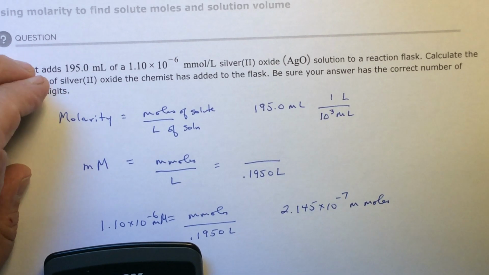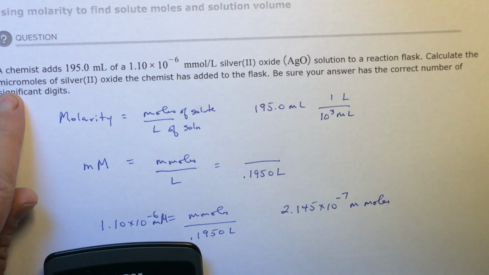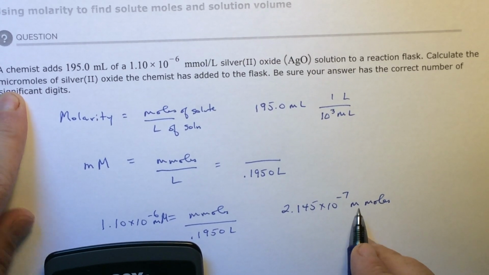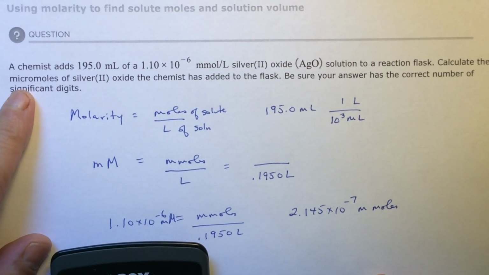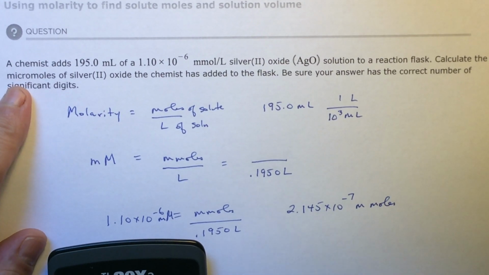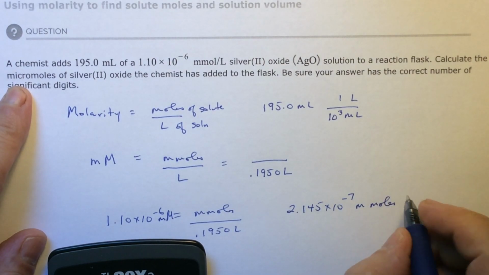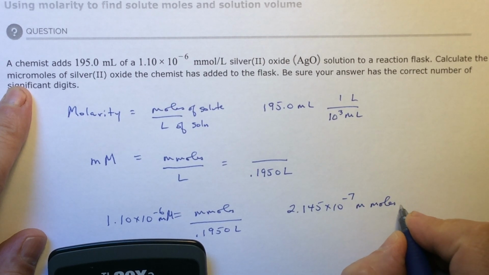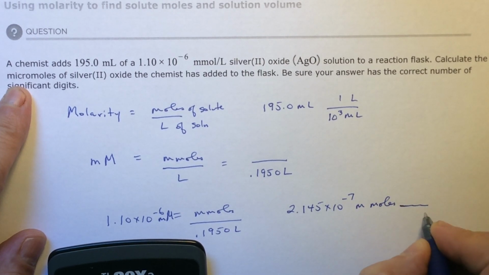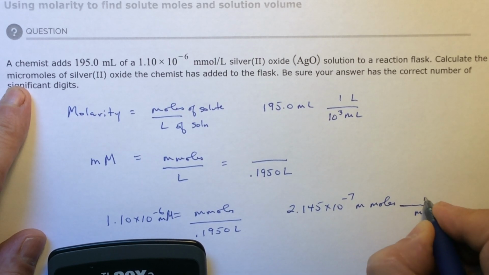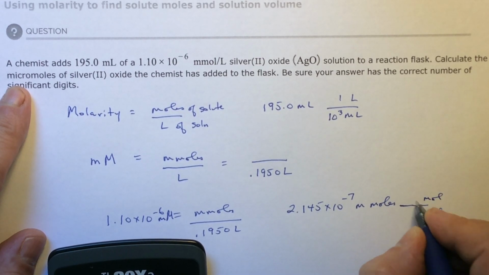All right, I wish that were the answer, but they're asking for micromoles. Okay, this is the right answer in millimoles, but I need it in micromoles. Micro is there's a million micromoles in a mole. So I need to go back to moles. So in 1 mole, or how many millimoles are in a mole?